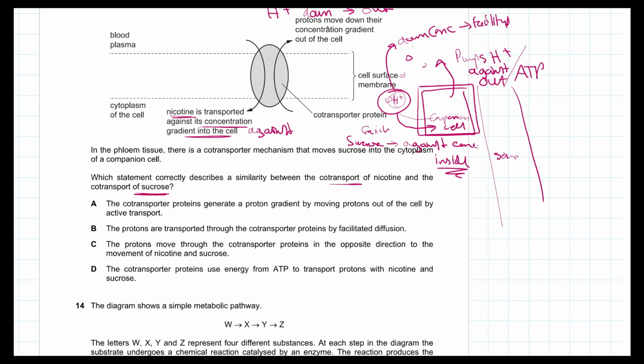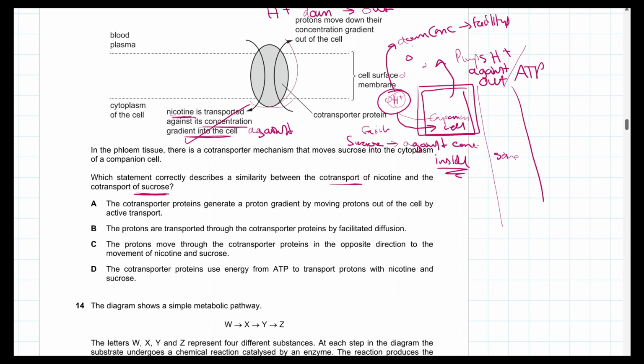Now, here we have that protons move down their concentration gradient out of the cell. Now, the comparison here is that in a companion cell, protons actually move out against their concentration gradient, and this is an active process. And here, nicotine is transported against its concentration gradient into the cell. Now, this is similar in the case of sucrose, sucrose goes back into the cell against its concentration gradient by facilitated diffusion.